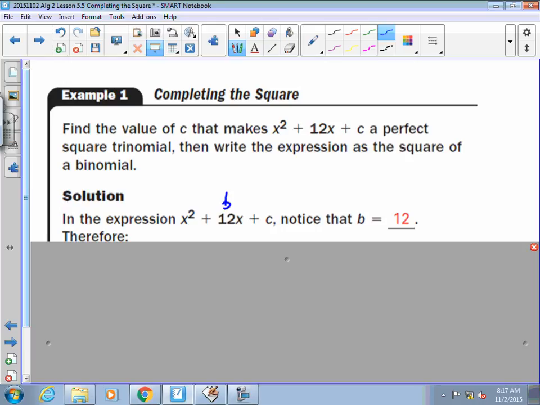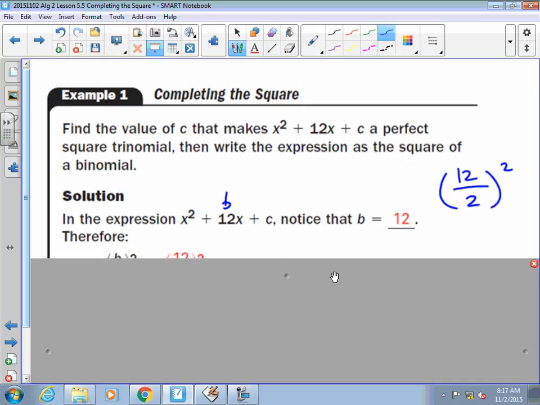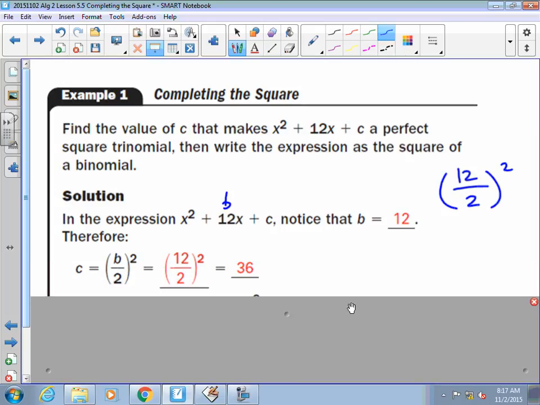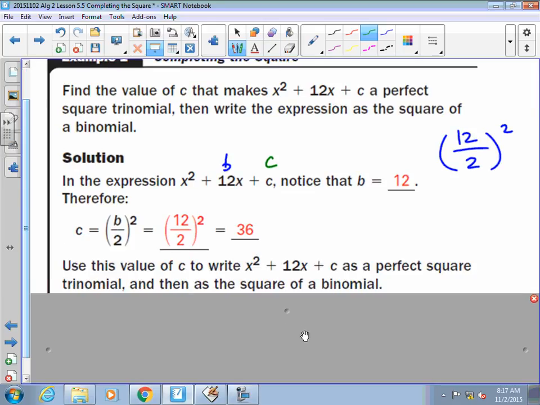All you do is take that value 12, divide it by 2, and square it. That gives you your new value of c. So 12 divided by 2 is 6, and 6 squared is 36. Our new value for c when completing the square is plus 36.